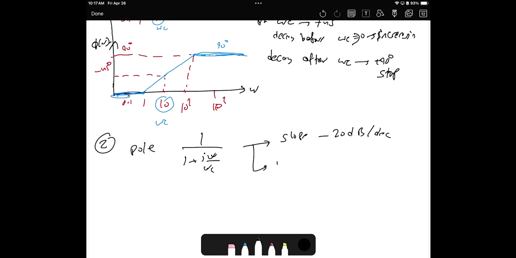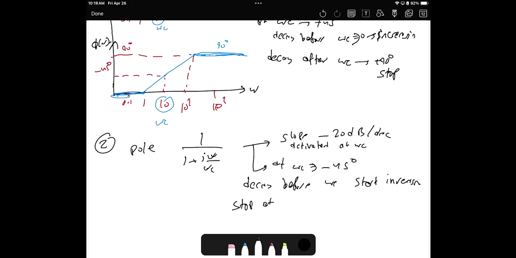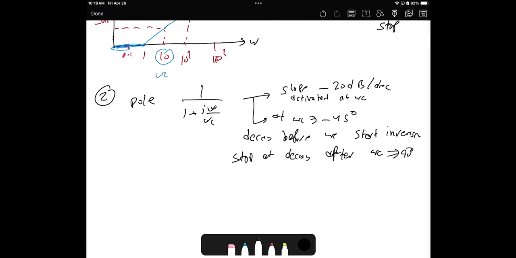Then the angle is activated at omega c, of course. The angle at omega c will be negative 45 degrees. A decade before omega c it starts decreasing, and stops a decade after omega c at negative 90 degrees.